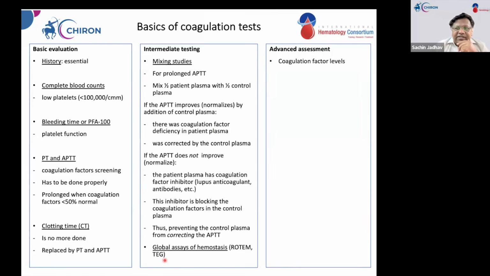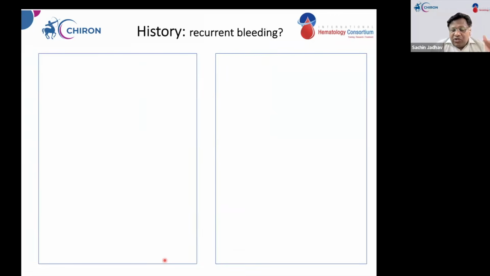So coagulation factor assays are done, proper platelet function tests are done by adding various stimulants to see whether the platelets are working properly. Once we have diagnosed something, we can even do genotyping to understand which mutation is leading to the patient's phenotype, right? So that's an overview of the various tests which are done.